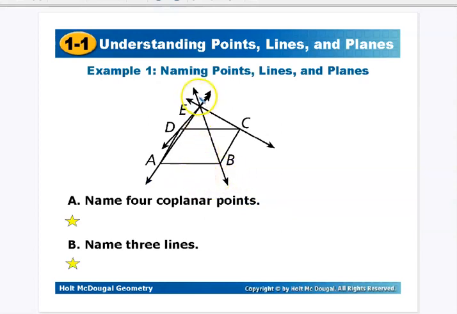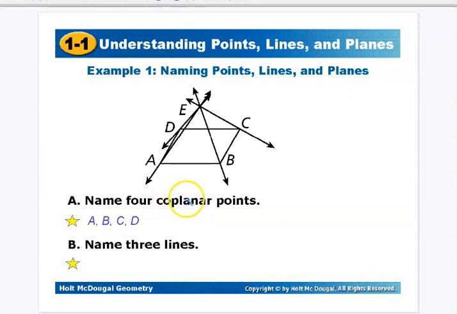In example 1, we're going to work on naming points, lines, and planes. In part A, it asks us to name 4 coplanar points. Now remember, coplanar means they exist on the same, or together on the same plane.